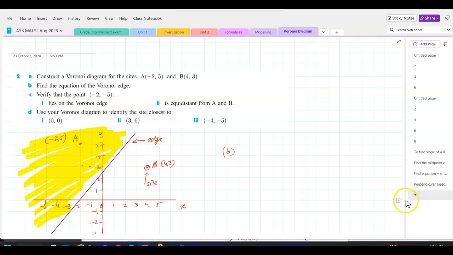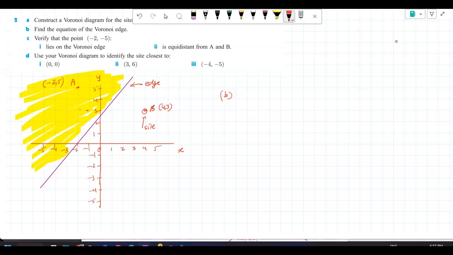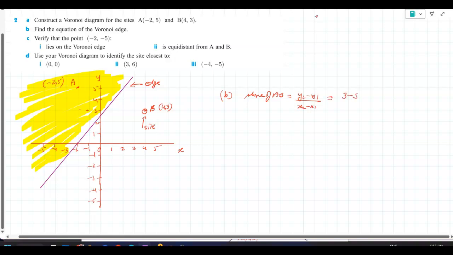So first I will find the slope of AB. What's the formula for the slope of AB? y2 minus y1 upon x2 minus x1. So that's what? Tell me. Minus 2/6. Correct.